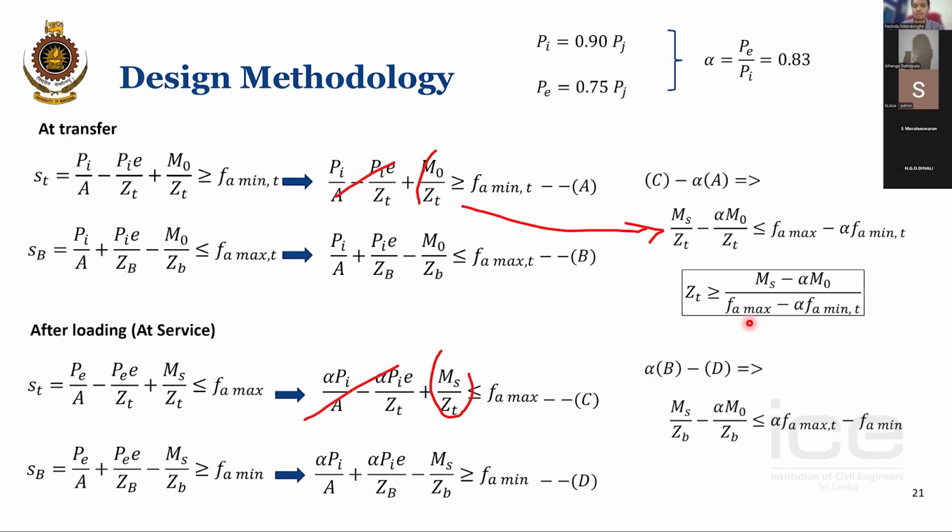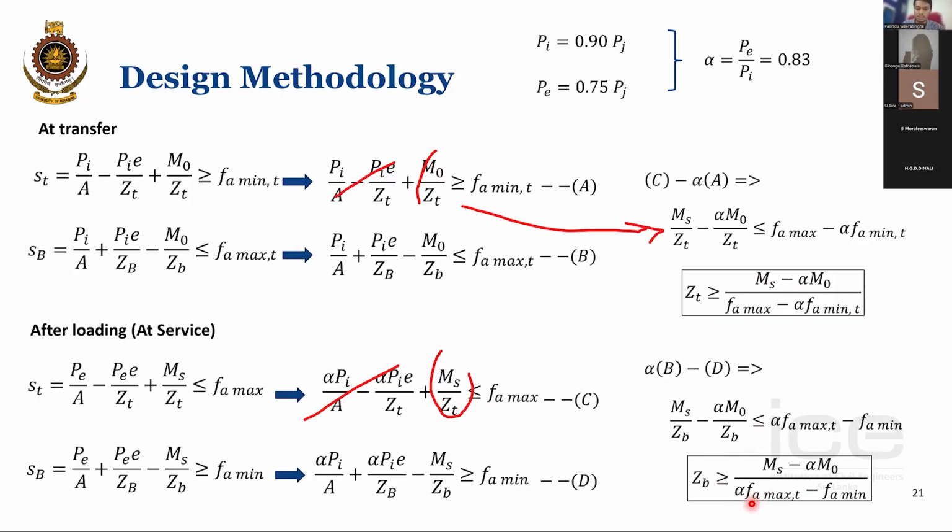And the same thing can happen in equations D and B as well, and the initial two terms will cancel out when you multiply P by alpha. If you rearrange this a little bit, you will get an expression for ZB, right?